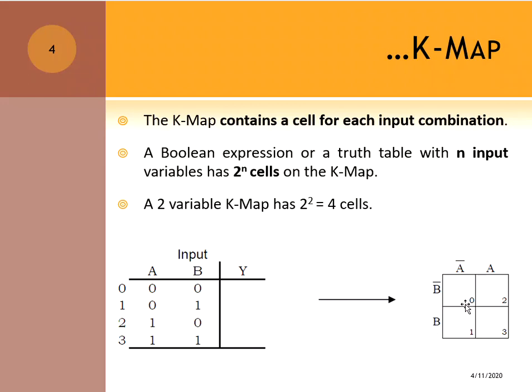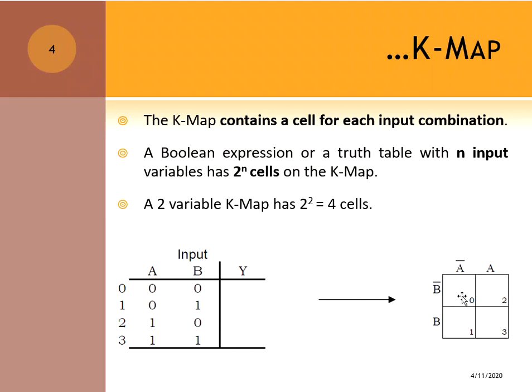Okay. Now, try to see this cell. This cell belongs to A bar and B bar. So, meaning that A is 0, B is 0. So 0, 0 belongs to row 0.